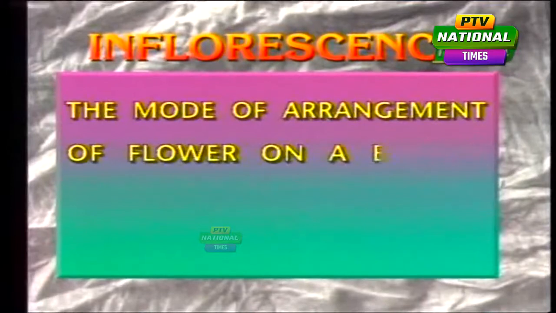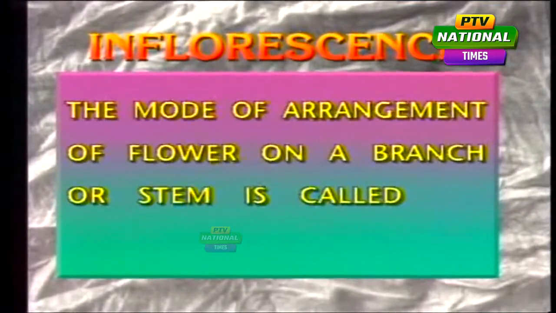Yes, most definitely. As you've heard, students, inflorescence is the mode of arrangement of flowers on a branch or stem. We will, however, just outline a few of the important kinds of inflorescence. Inflorescence may be classified into two types.